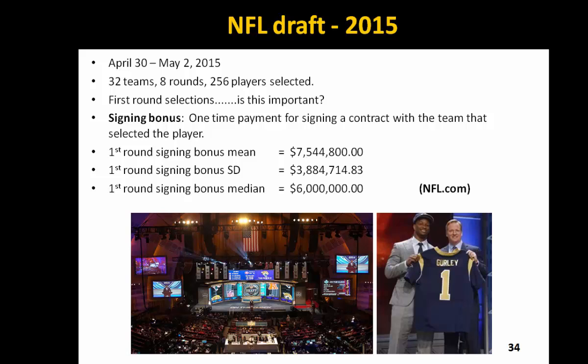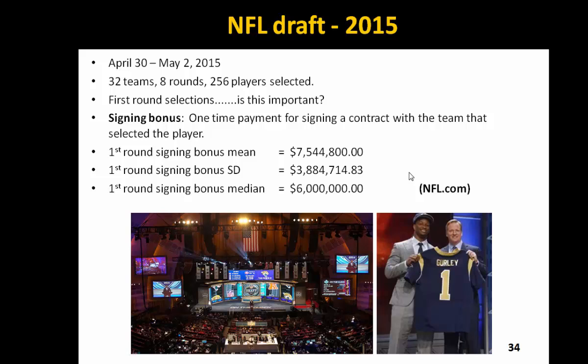When the mean value is greater, on the positive side, has a greater magnitude than the median, that tells us that these data are very likely positively skewed, because it's the average that gets skewed in the positive direction, and the median will sit between the mode and the mean. And these data were obtained from NFL.com.